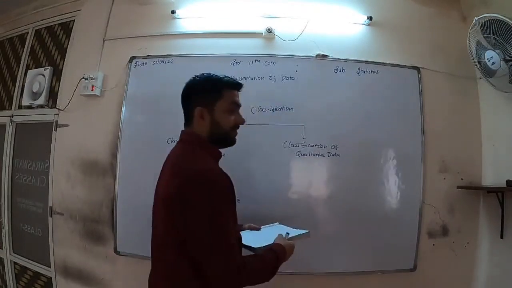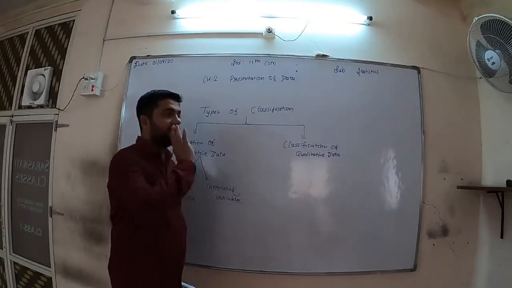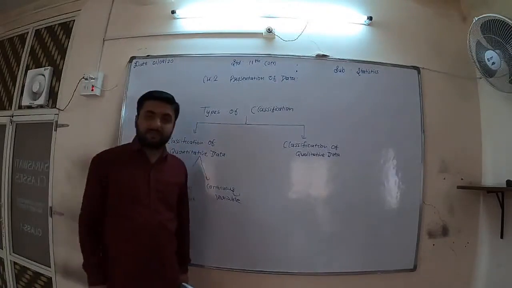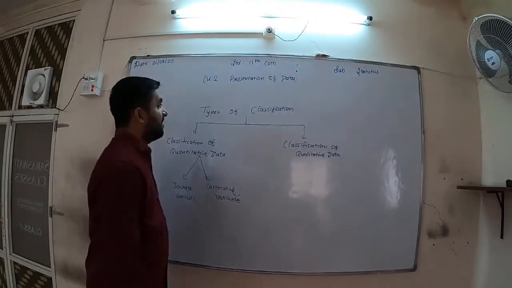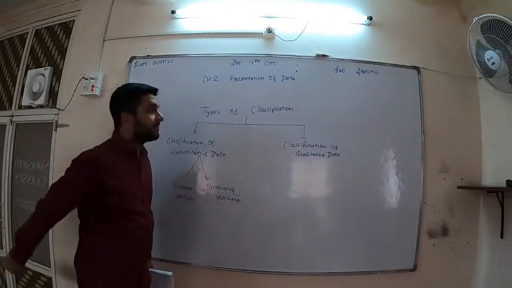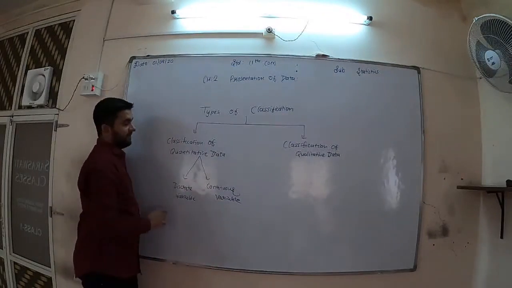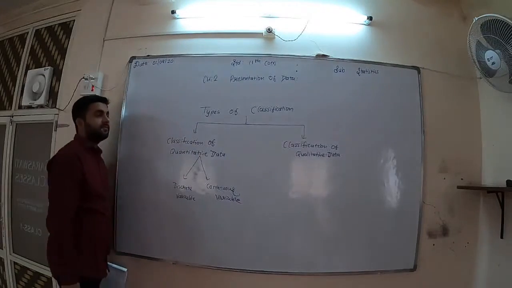So you need to write in your book also how you will start this chapter. You will write the name of the chapter, then you will write types of classification. Okay, which are the things required for this? I will say now itself. First you will write the name of the chapter, then you will write types of classification, and what I have written: classification of quantitative data, and classification of qualitative data. Then here you will write discrete variable, here you will write continuous variable.